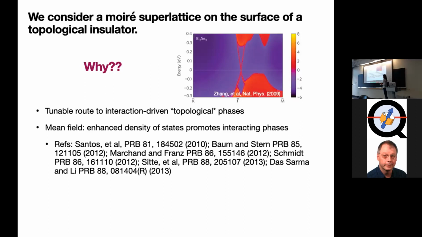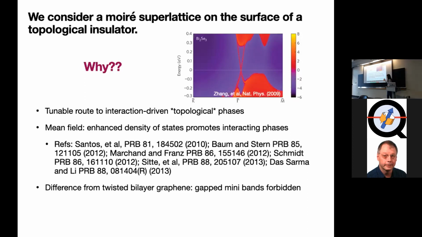For example, the critical temperature for either of those phases depends directly on the velocity of the Dirac cone. If the velocity of the Dirac cone is smaller, then your critical temperature gets higher. So that's why we have some optimism that if we could manipulate the velocity of this Dirac cone, we'd be more likely to realize these interacting instabilities. That's what we're thinking of.